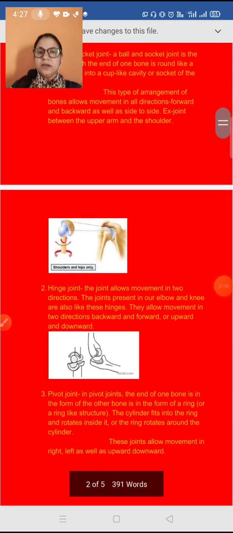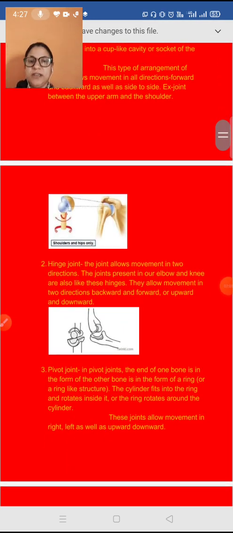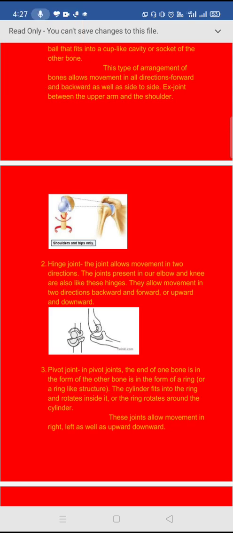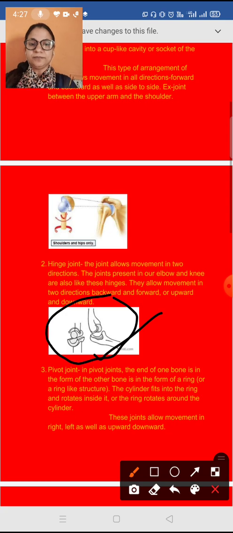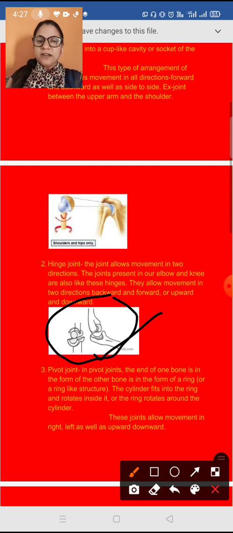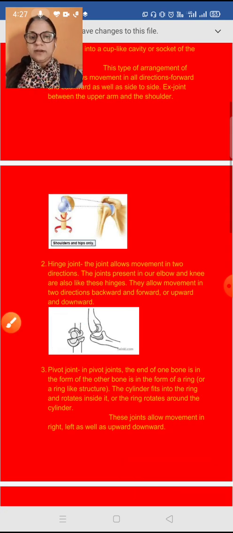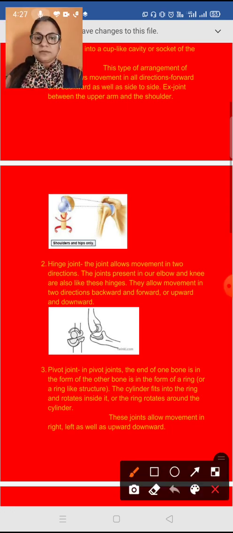Next comes the hinge joint. You can see it in the diagram; I have shown all the diagrams here. It shows two-side movement.